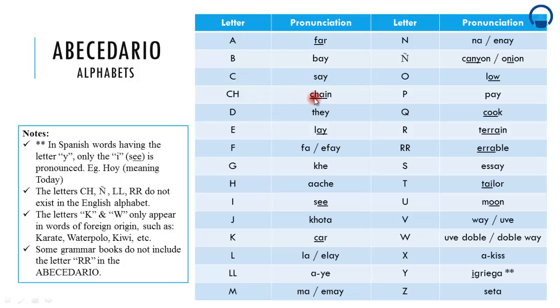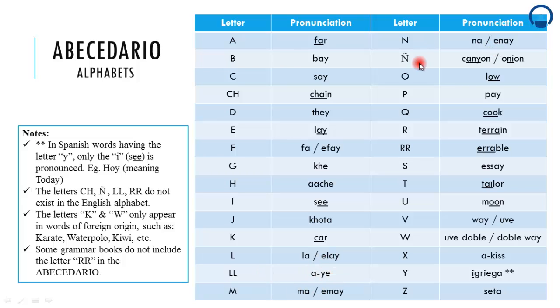CH is Che, just like what we pronounce in the English word chain. So just remove the N and what we get is Che. D is Day. E is A. F is Efe. G is K. H is Ache. I is E. J Khota. K Ka. L La. Double L IA. M Ma.